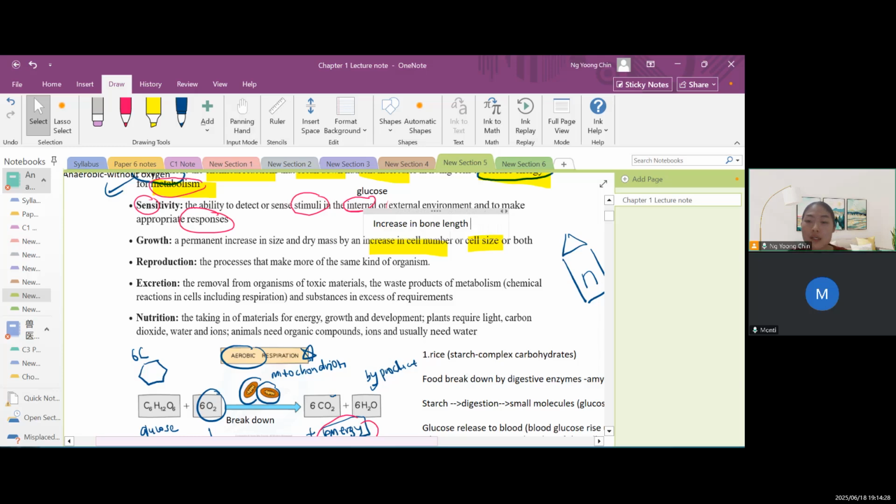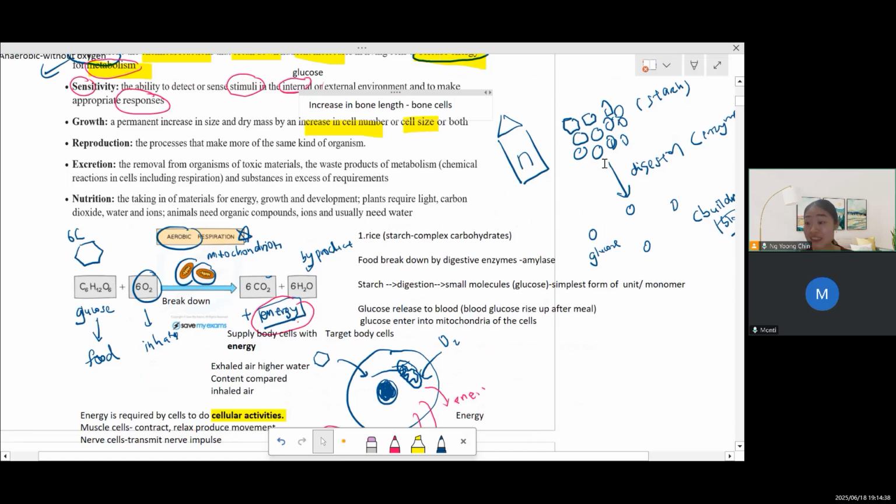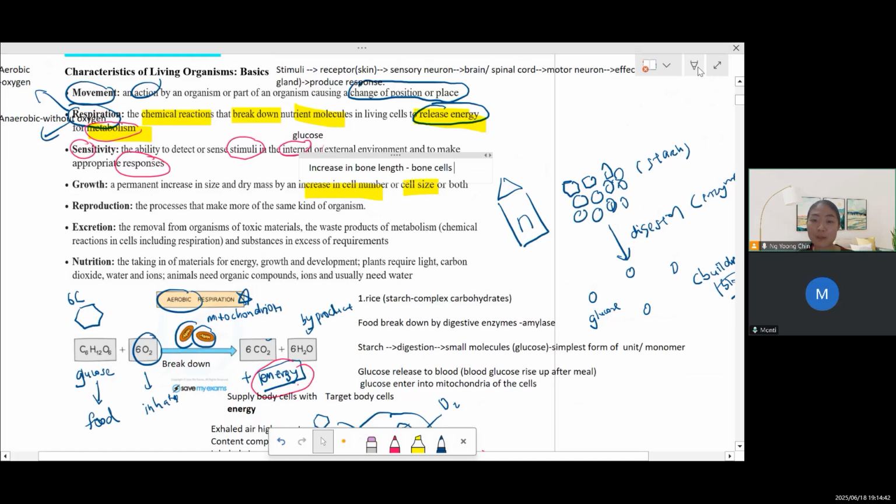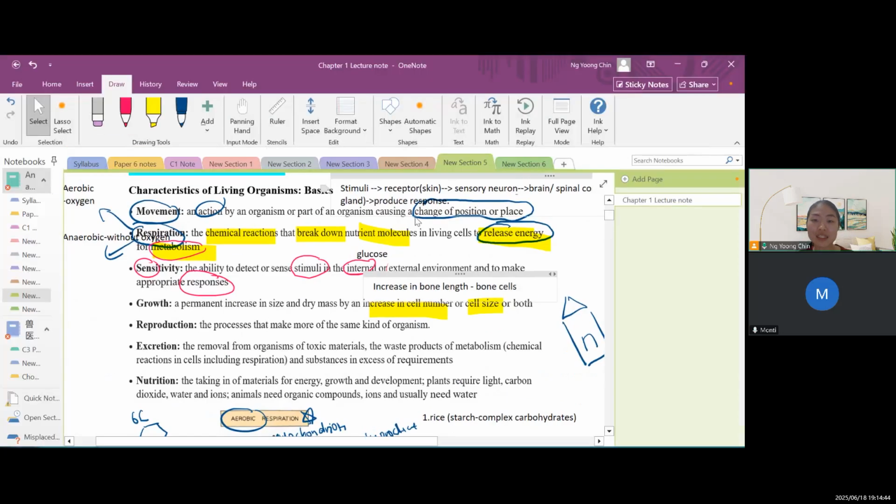When we talk about bone length, we should talk about our bone cell. You heard this for the first time, right? This is for your information: your bone cell is able to increase in length. Maybe when you are a baby, your bone cell is something like this size. And then when you become a teenager, how old are you, Monty? 14.